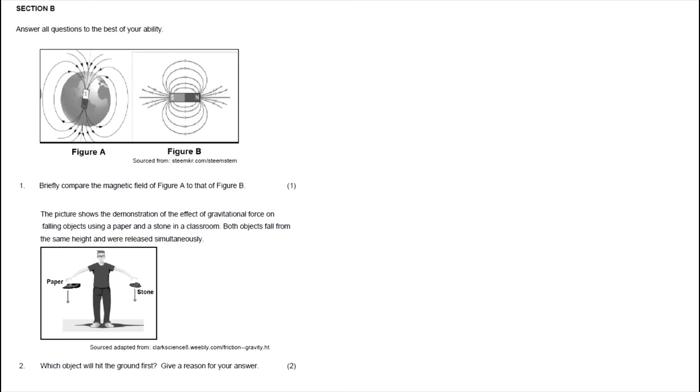We are asked to answer questions to the best of our ability. Okay, so we can see here that we are given figure A and we are also given figure B. And the question says, briefly compare the magnetic field of figure A to that of figure B. So these are magnetic fields.